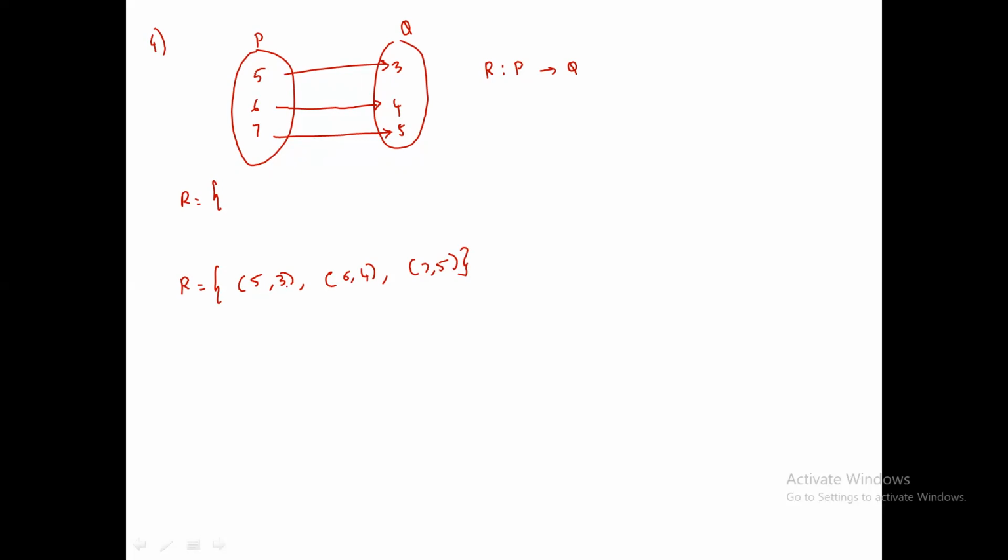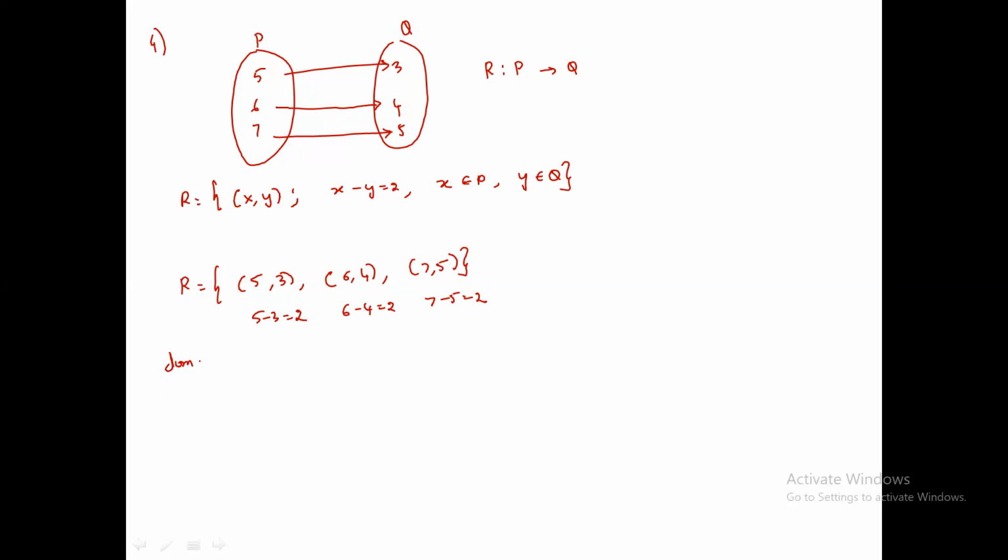What is the relation between 5 and 3, 6 and 4, 7 and 5? 5 minus 3 is 2, 6 minus 4 is 2, 7 minus 5 is 2. So with this we can write in set builder form, R will have ordered pairs x and y such that x minus y will be 2. And then x is taken from P, y is taken from Q.